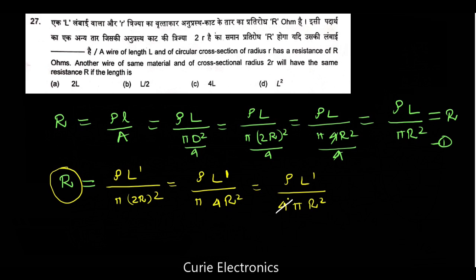When L dash equals 4L, we get R, so that we can keep the resistance same. The question: another wire of same material and cross sectional radius 2R will have the same resistance R if the length is 4 times the length of the original wire. 4L is the answer.